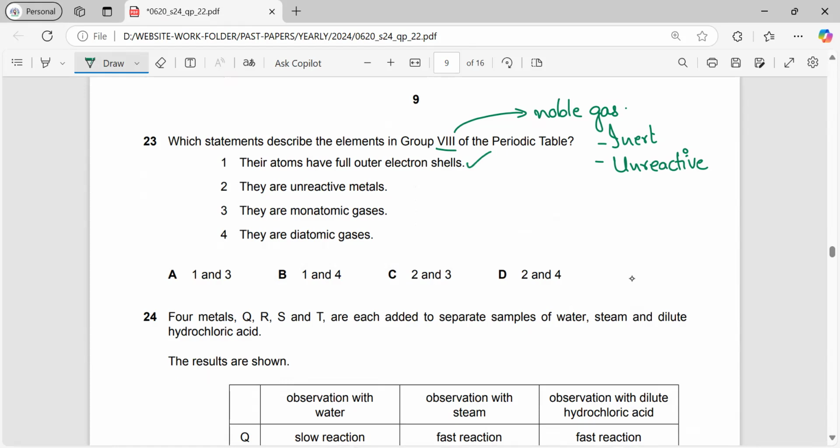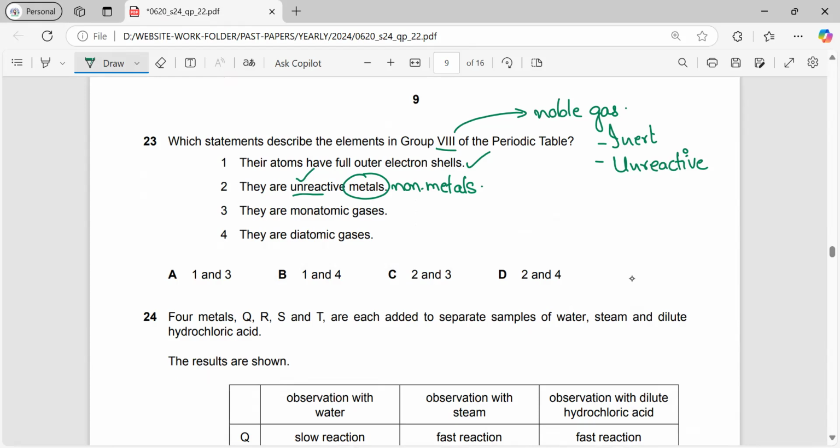Yes, that's correct. That makes them inert. They don't need to react because they don't need electrons. All the shells are full. They are unreactive metals. This part is correct, but this part is wrong because they are not metals. Noble gases are non-metals.